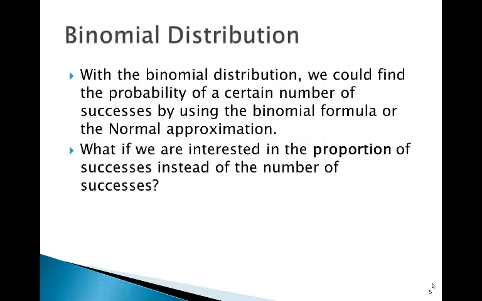With the binomial distribution, we could find the probability of a certain number of successes out of our total number of trials by using the binomial formula or the normal approximation. But what if we're interested in the proportion of successes instead of the number of successes?